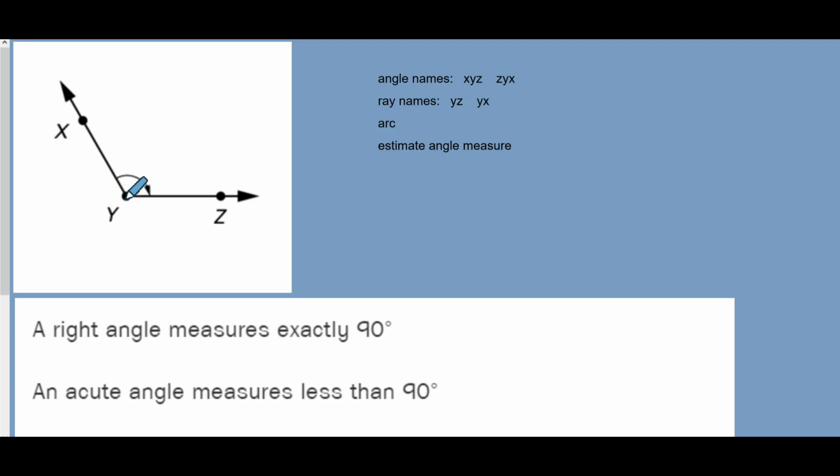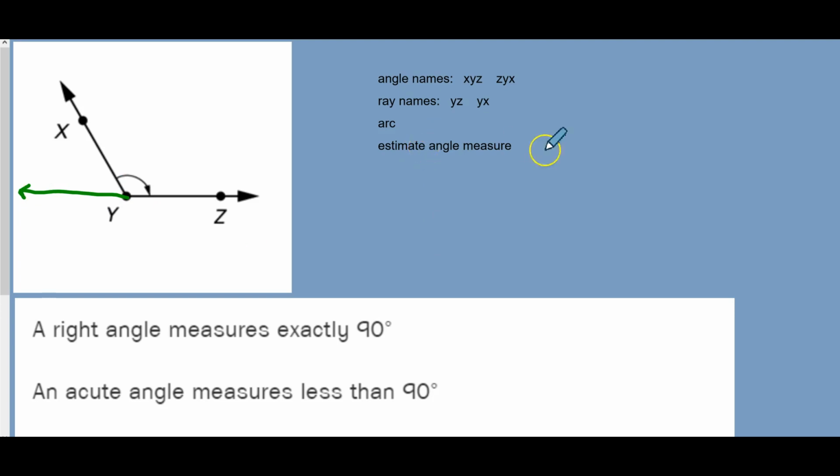It's more than 90, and let's also remember that if it were a straight angle, it would be 180 degrees. So I know that this is more than 90, it's less than 180. I'd say this measures about 120 degrees. I'm estimating.